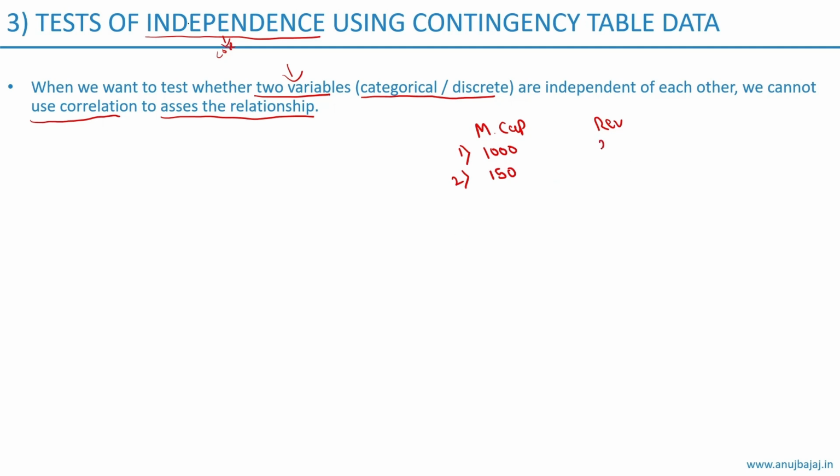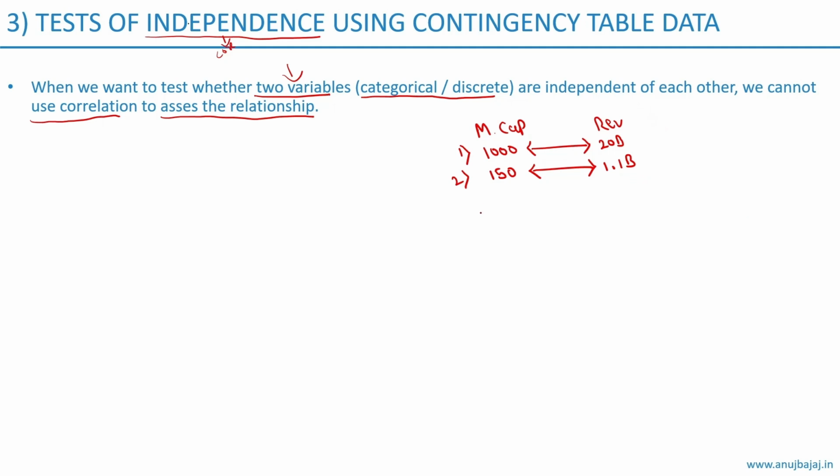And the revenue is say $20 billion, $1.1 billion and so on. Because both are in numerical terms, it becomes easy to find out the correlation between the two variables. Therefore, we can use the hypothesis testing method we have seen previously to conduct the test on the population correlation.